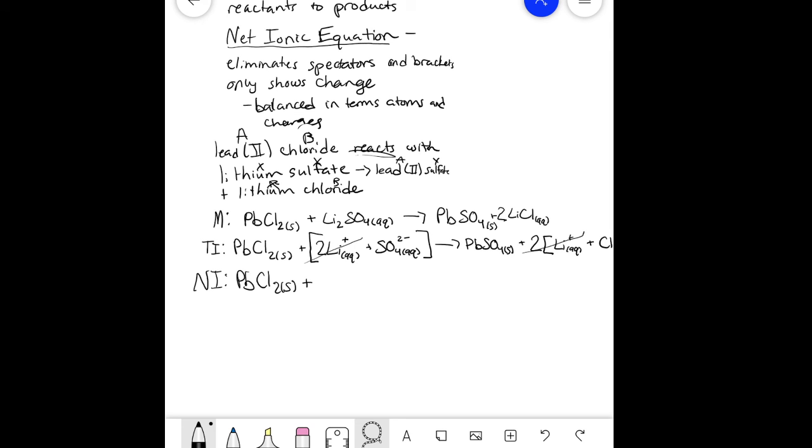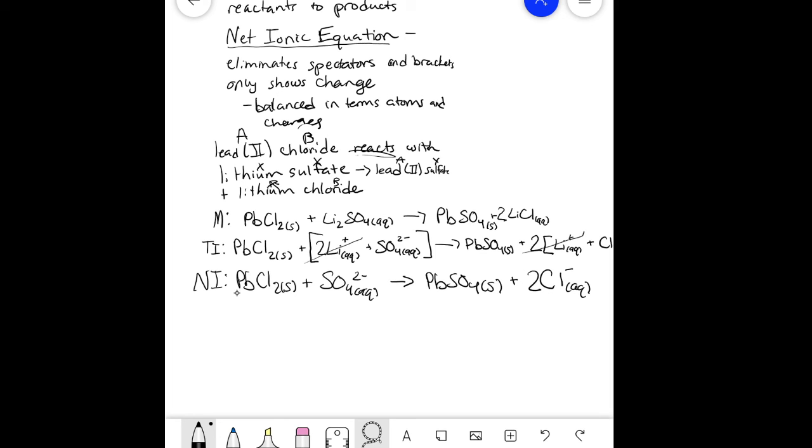PbCl2(s) plus SO4 2 minus, copy it directly from the brackets, which produces lead sulfate, plus 2, don't forget that, chloride.